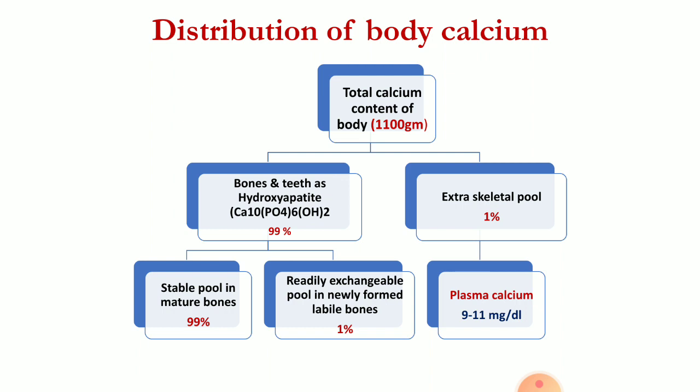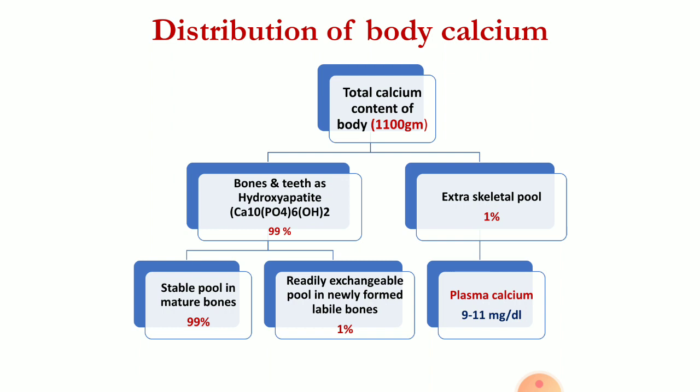But 1% of skeletal calcium remains in a readily exchangeable pool, which is kept in the newly formed bones in labile form. This is just like the currency in our pocket. Whenever there is a fall or rise, readjustment can be done with this readily exchangeable pool. So this is the distribution of calcium in the skeletal tissue.